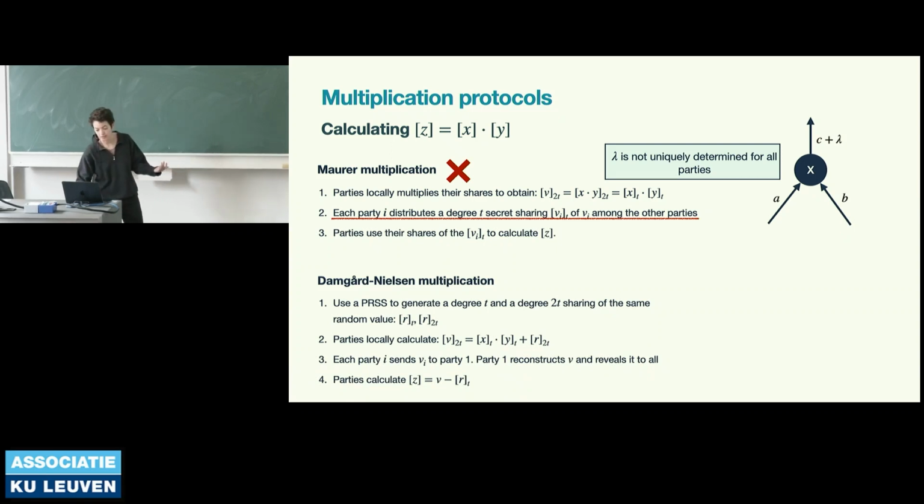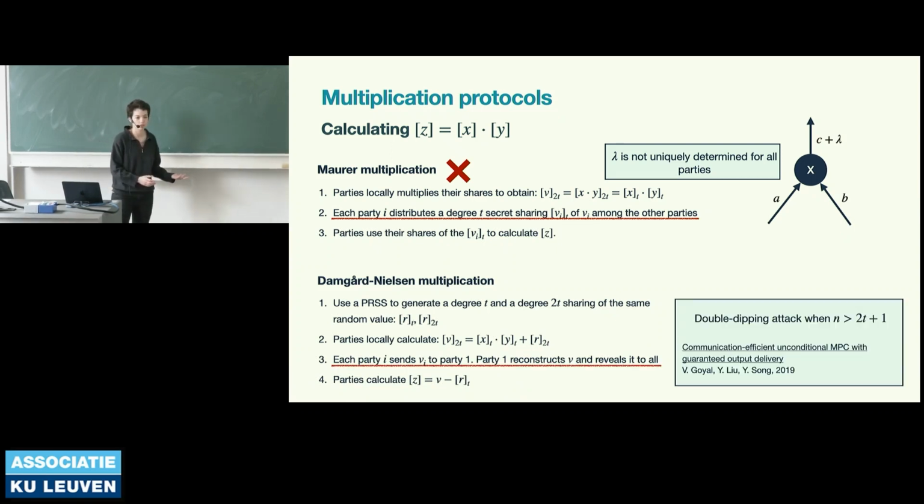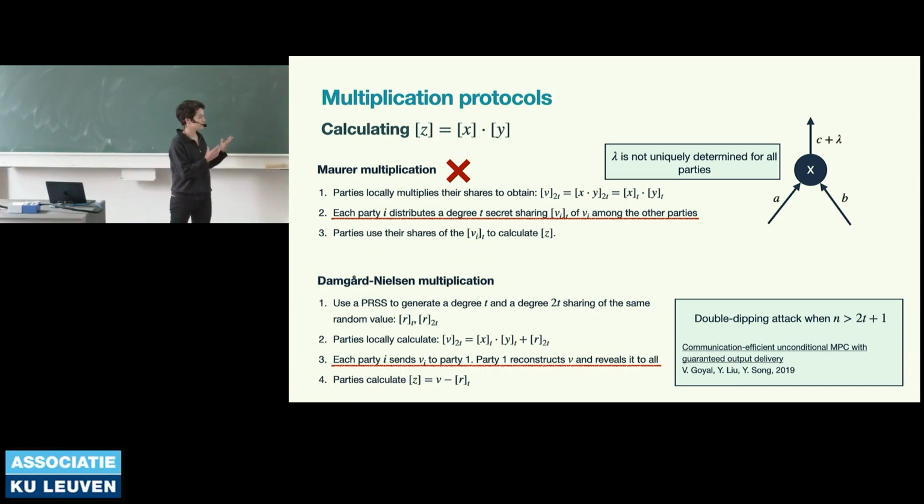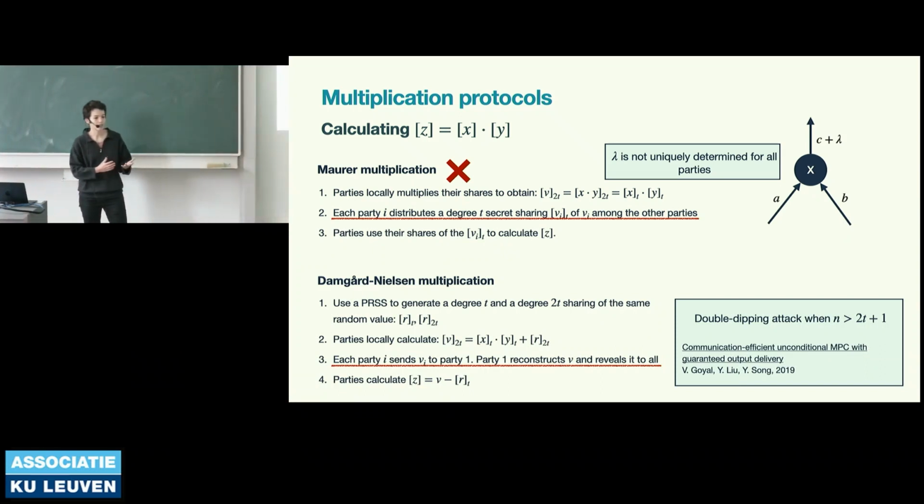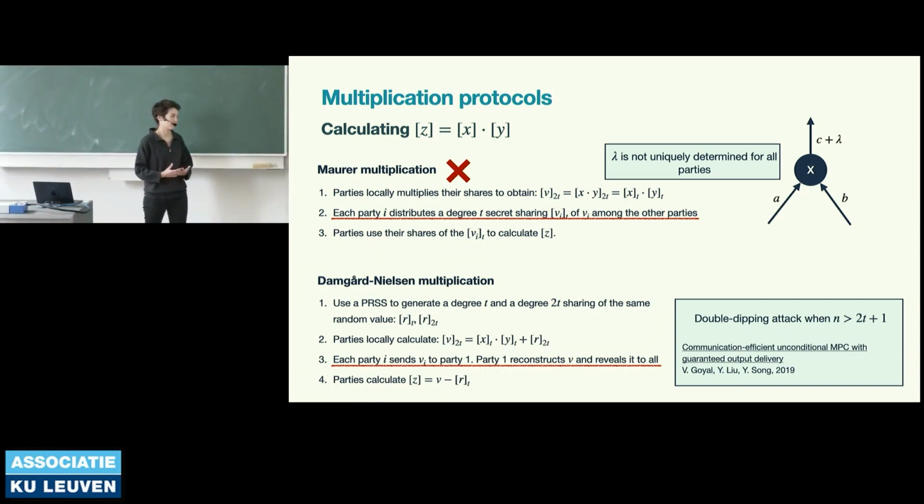However, there is a known attack for this protocol in the strong honest majority setting. So if we have a strong honest majority, this party, who's the king, can actually mount an attack in order to recover the secret shares of other parties. So this means that we cannot use it again.